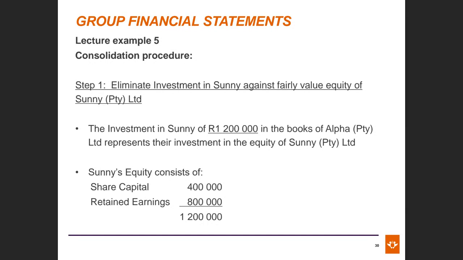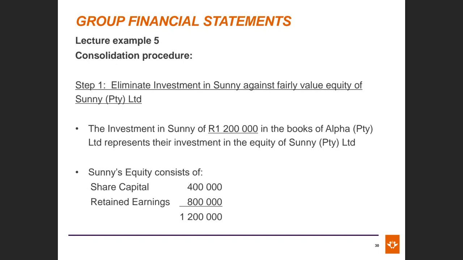And this needs to be set off against the share capital and retained earnings in Sunny's books. So Sunny's equity consists of share capital of 400,000 and retained earnings of 800,000. So the investment in S in Alpha's books can be set off in the consolidated financial statements against the share capital and retained earnings in Sunny's books.